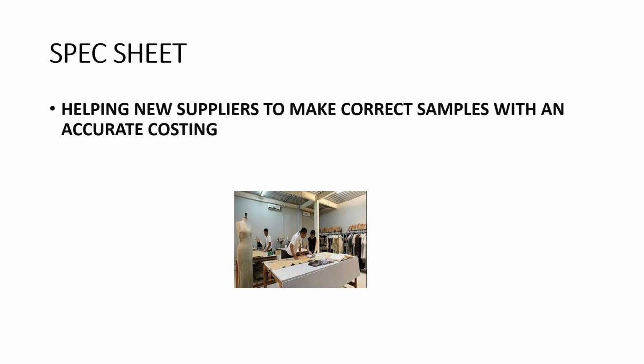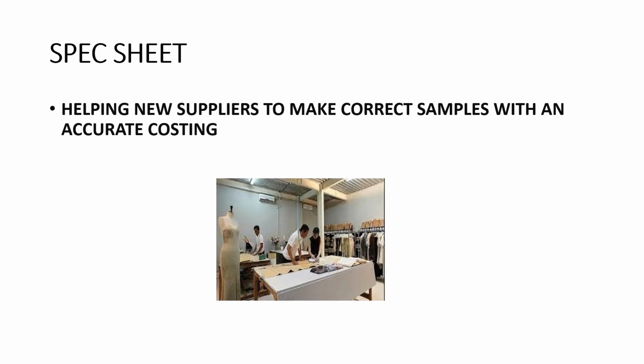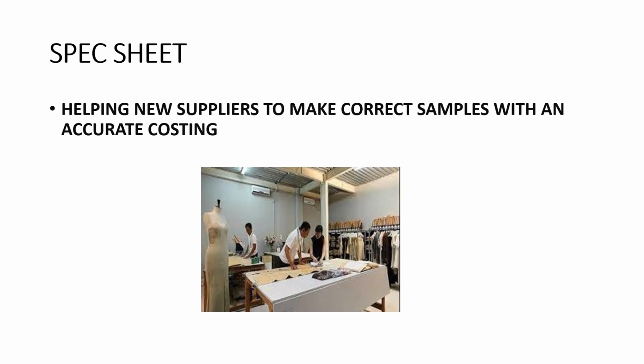New suppliers get benefit out of the specification sheet to make corrections in the samples, and they can also come up with accurate costing through it. Those are the advantages of maintaining such a sheet and doing the work as per the specification sheet. And total quality standards are improved through this process, so quality control standards are also improved.